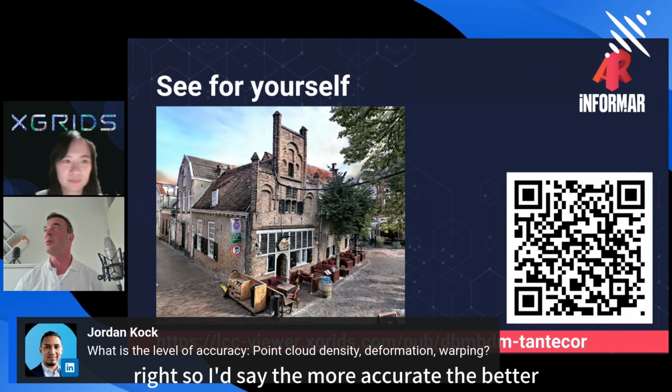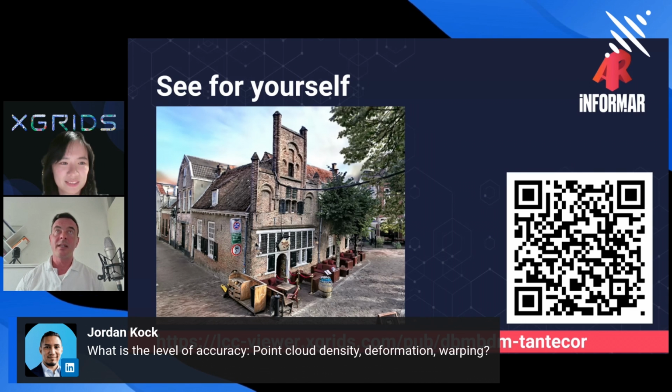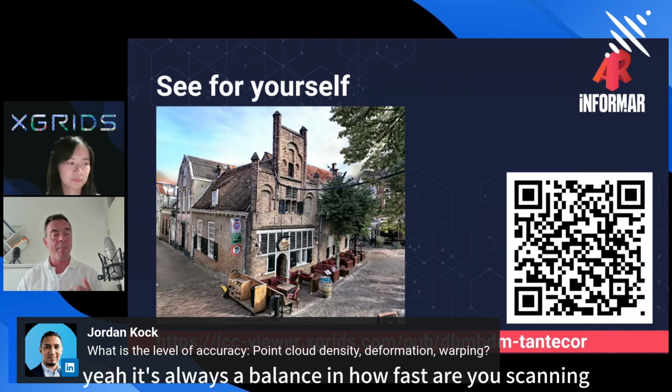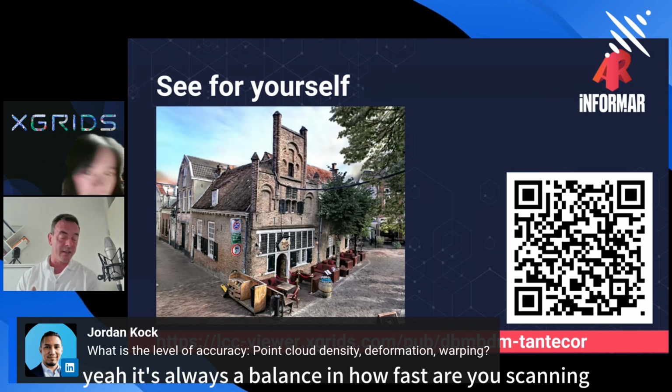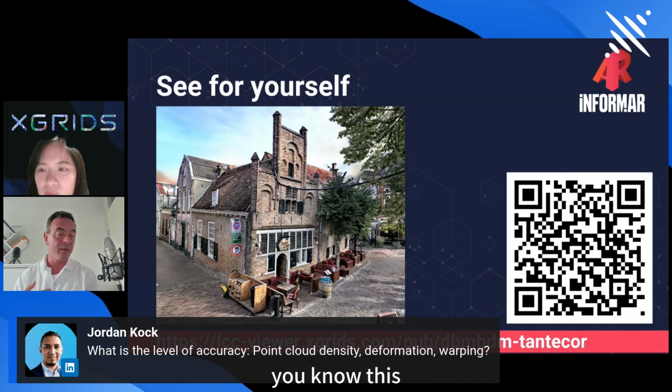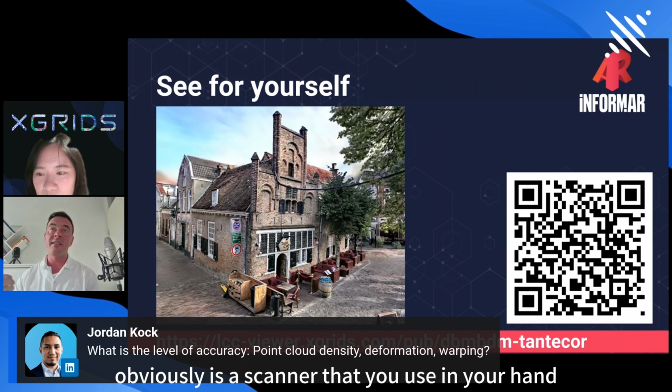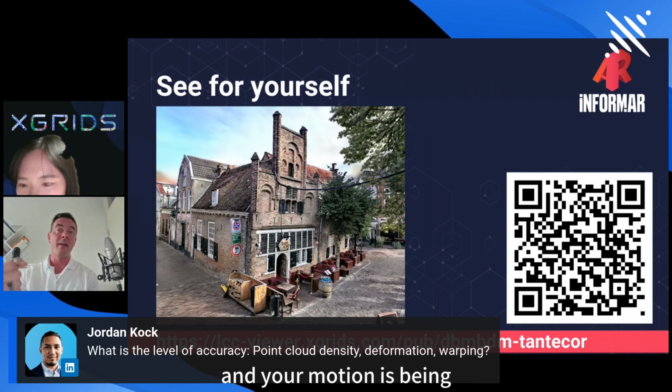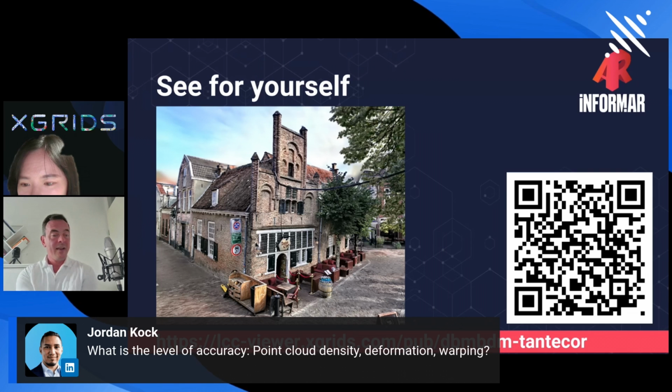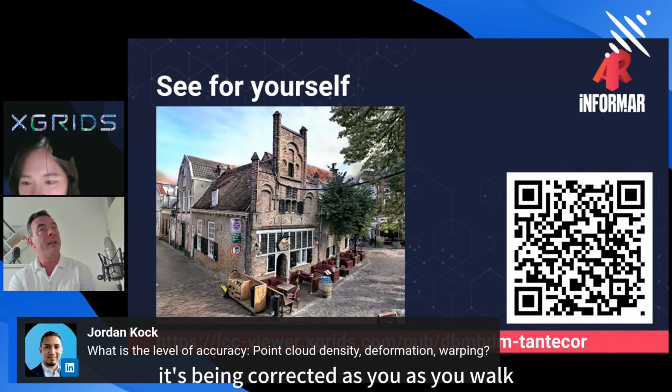Right. So I'd say the more accurate, the better. The thing is, it's always a balance in how fast you are scanning. This obviously is a scanner that you use in your hand, and your motion is being corrected as you walk.